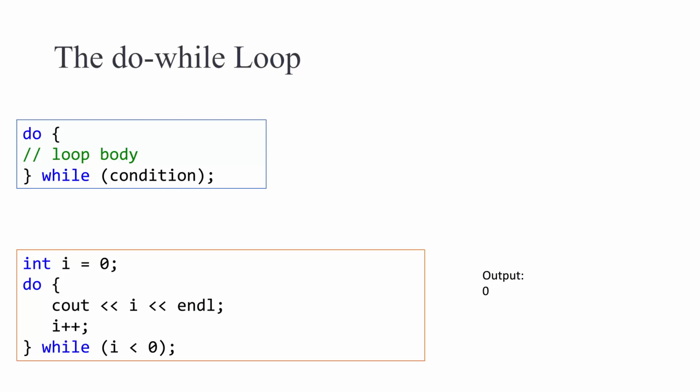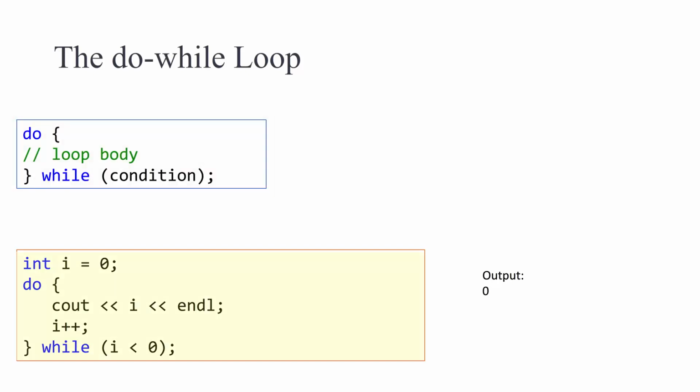Here's the basic syntax of a do-while loop in C++. In this syntax, the loop body is executed first, and then the loop condition is checked. If the condition is true, the loop body is executed again, and this process repeats until the condition is false.